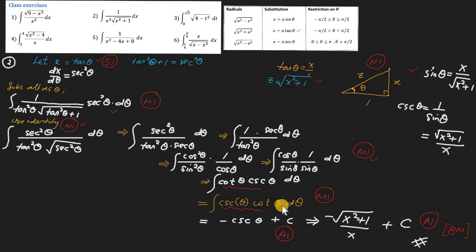You have to have this portion or this portion before you can quote your answer. And to get in terms of x, you have to show this and your answer in terms of x. If M0, automatic A is 0. Alright? Okay, so that is question number 2.